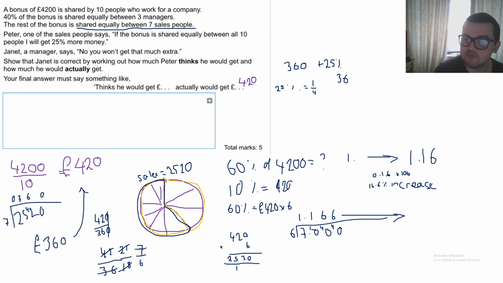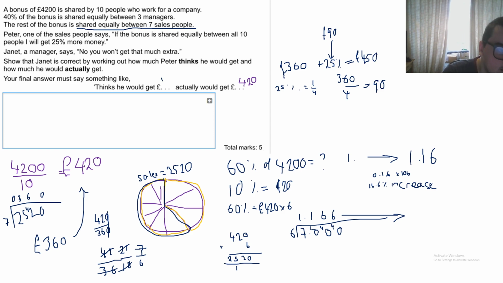A quarter of 360 is 90. 360 plus 90 is 450. So he thinks he would get 450. Actually, he would get 420, and that is what the answer is.